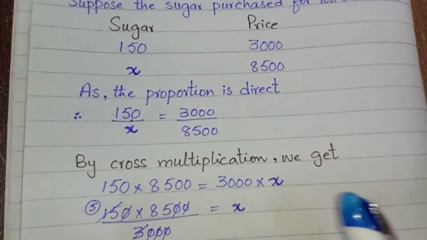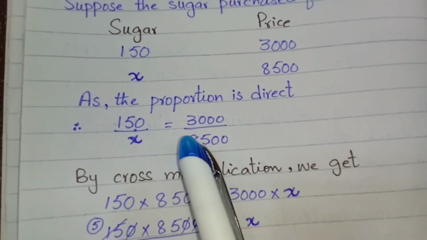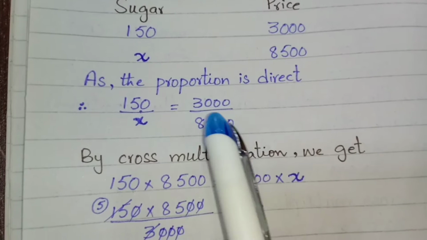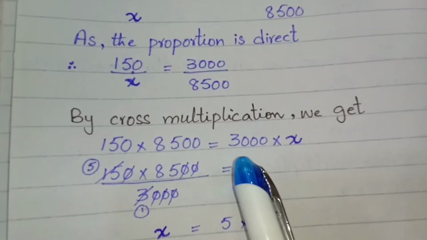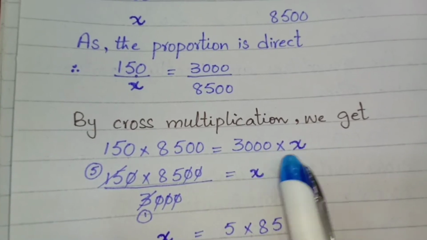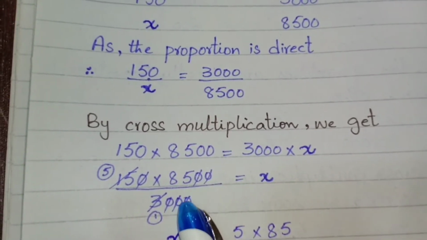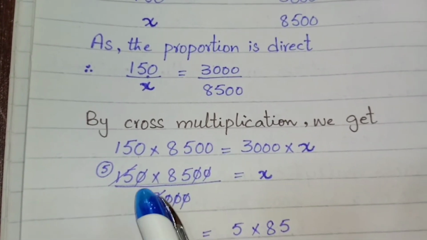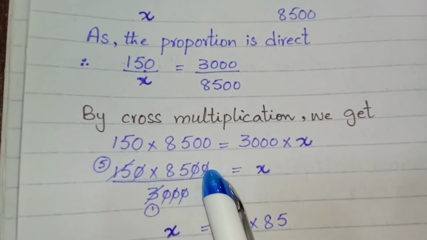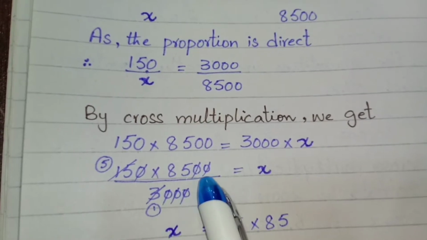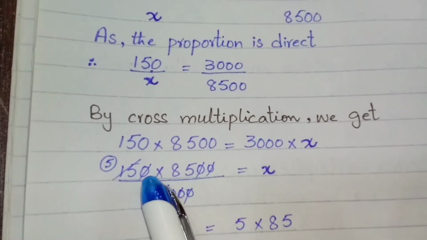And by the cross multiplication, we get 150 multiplied by 8500 equals x multiplied by 3000. 3000 is multiplied here by x, and on the opposite side it will be divided, so x equals 150 multiplied by 8500 divided by 3000. So this 0 will be cancelled out with this 0, and this 0 will be cancelled out with this 0.